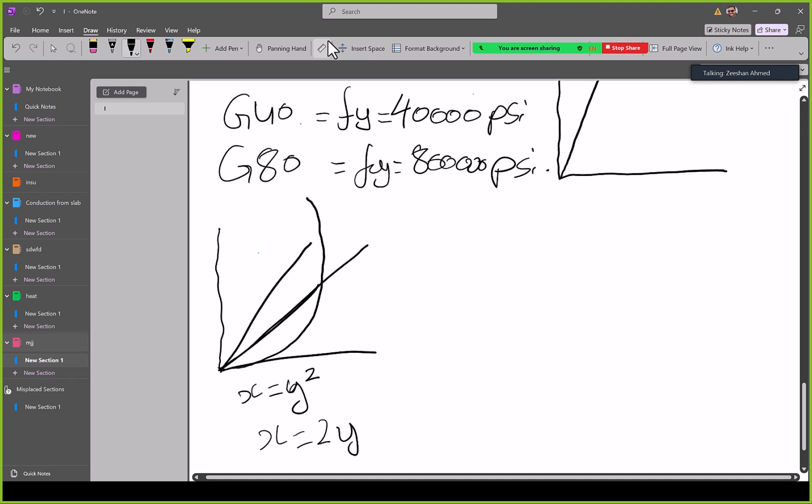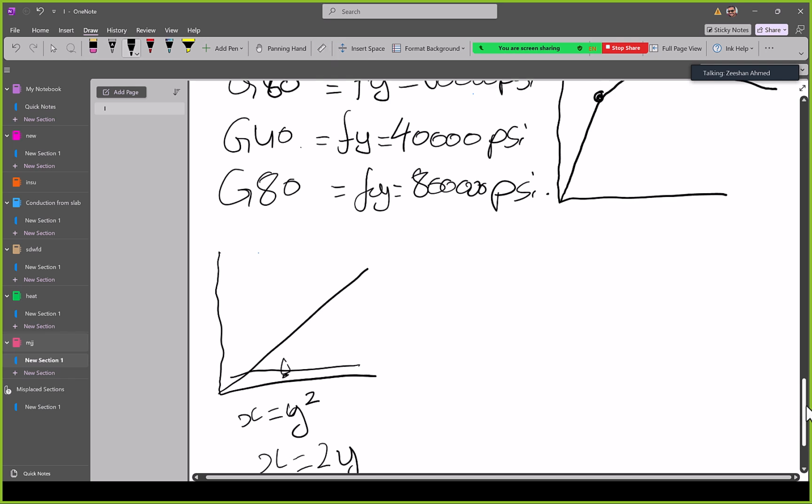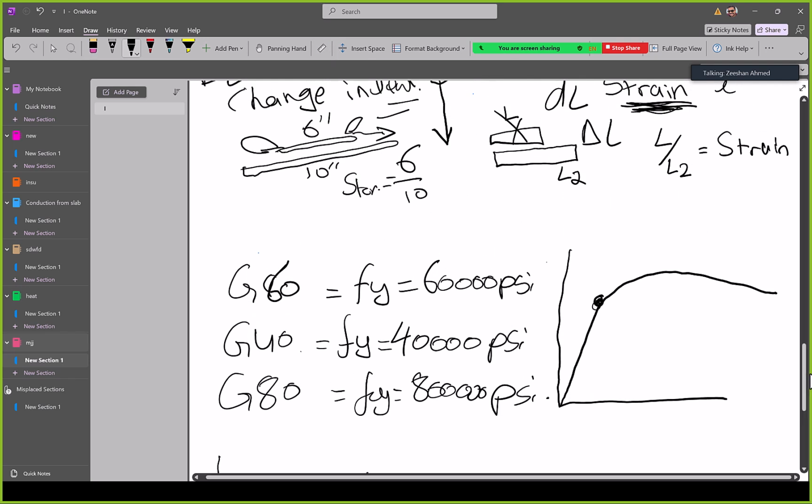So straight lines on the curve are linear, and the curvy lines or multi-curve lines are bilinear and non-linear and other kinds of functions. But for us, the elastic limit is where the curve is linear. As long as this is linear, we call this the elastic region, and this point is your Fy, and Fy is your yield strength.